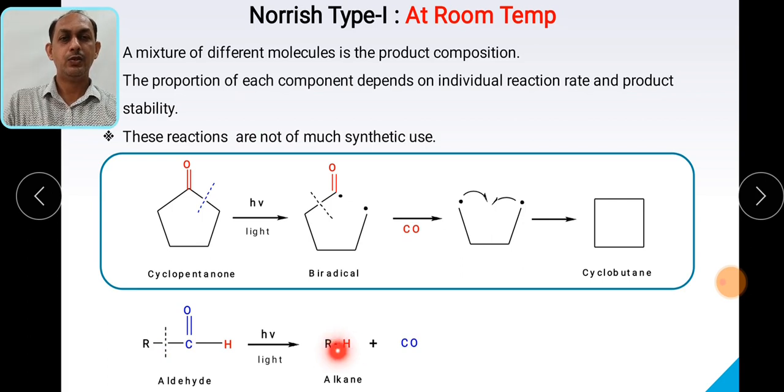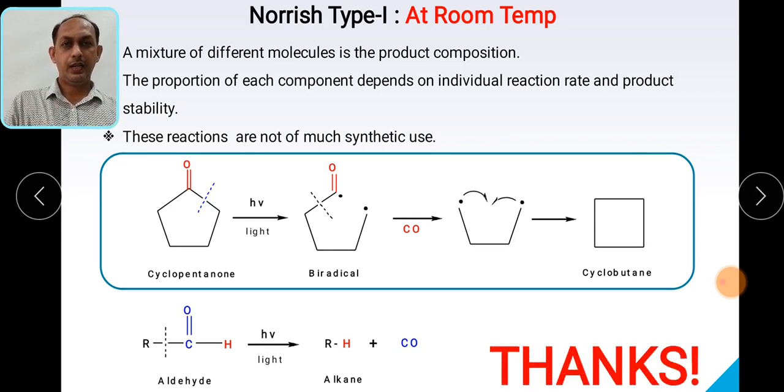So aldehydes also end up with alkanes. If you start with acetaldehyde, for example, CH3 C double bond O H, what product will you get? CH3 plus H. You have to remember CH3 plus H. What is that? CH4. So you will get methane. This is how you get the products in terms of aldehydes and ketones.